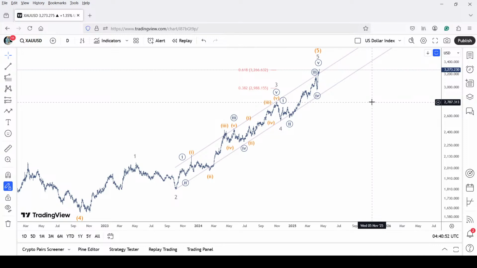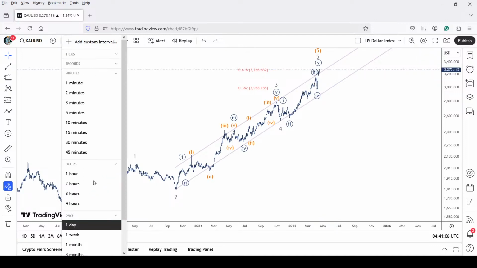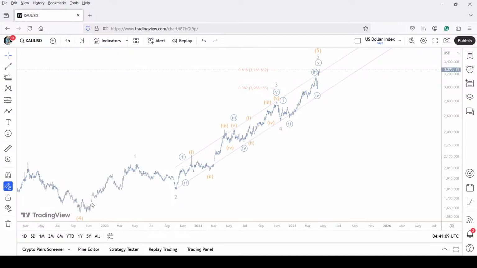So if that structure is holding or is going to hold well, then prices would take a turn around from this level, right? As we are speaking, let's move on to the 4 hours.